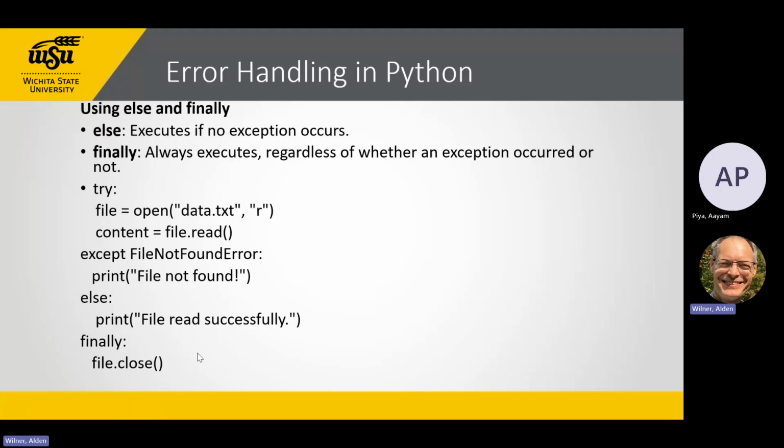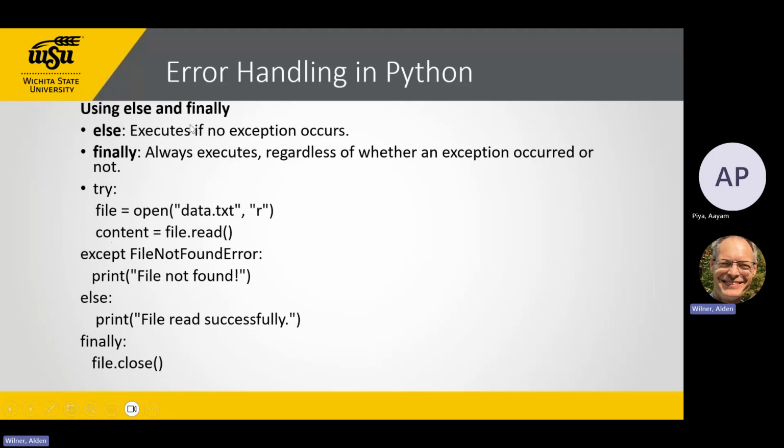Finally, and else are the concluding bits of your try except block. So again, you try something. If you get an error, file not found error, can't read the file, we print out file not found. If we don't get an error, we print out, yep, we got that file, we successfully read the file.